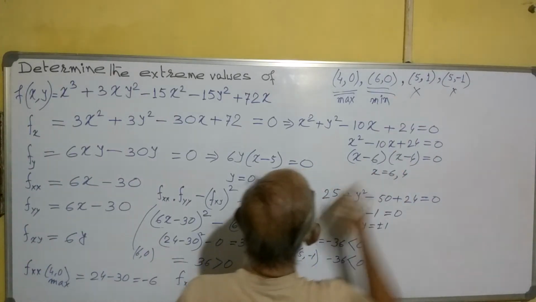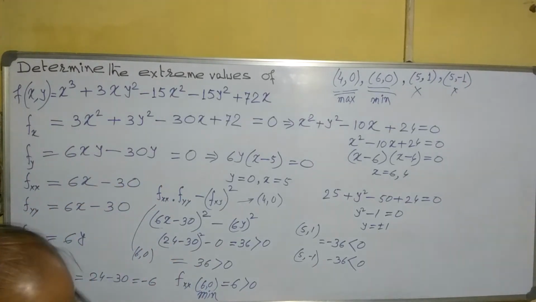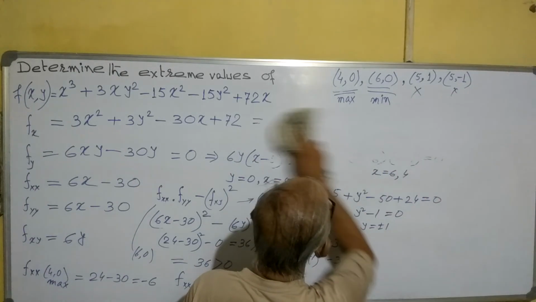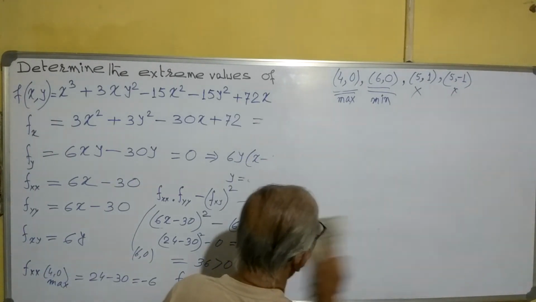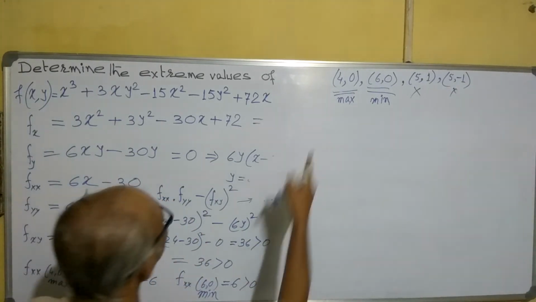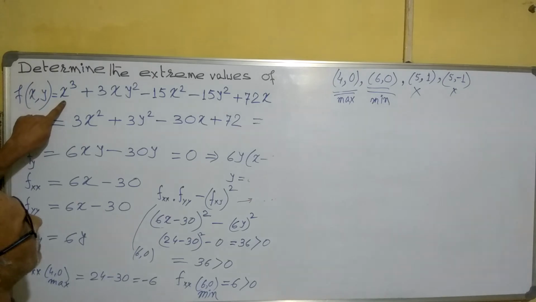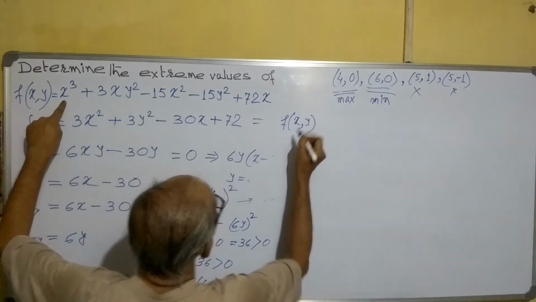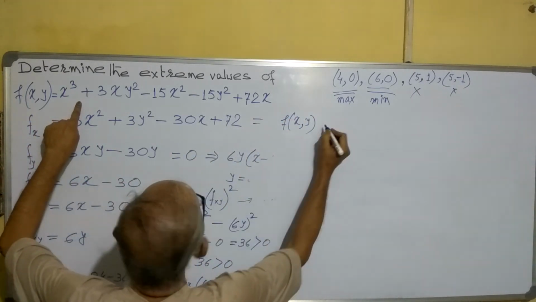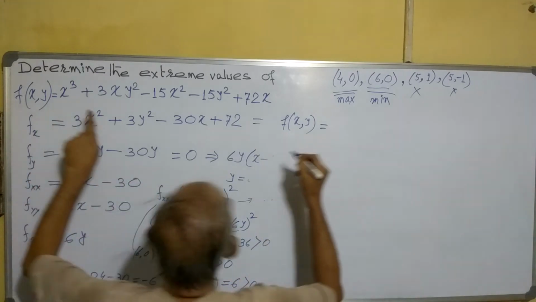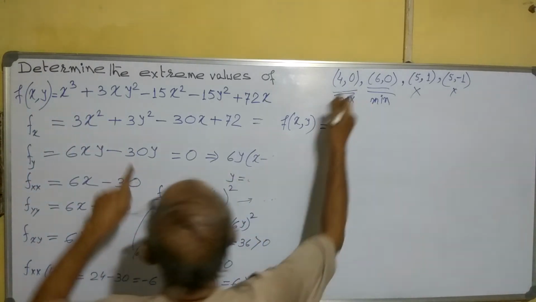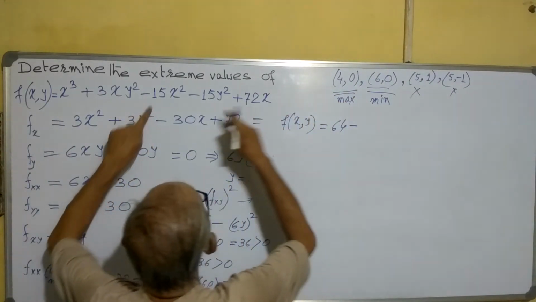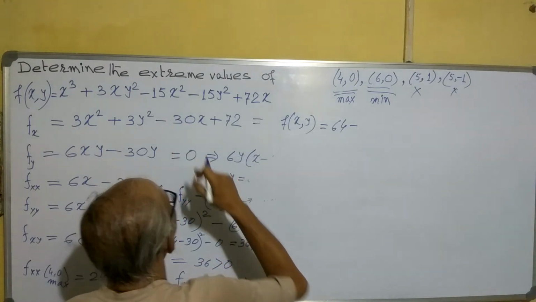Okay, so these 2 points we got. Now if we are interested to find maximum or minimum values, we can calculate by putting into this equation. If we are putting in 40, it will be 0 minus 4 4s are 16, into 15, 240.